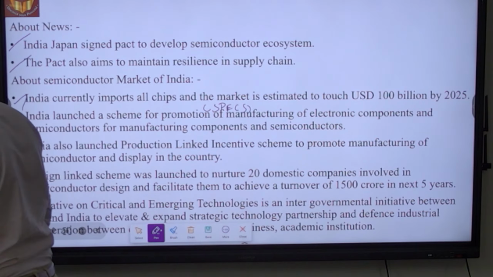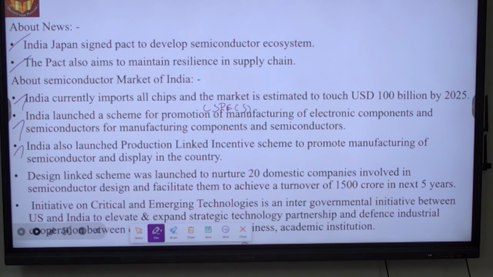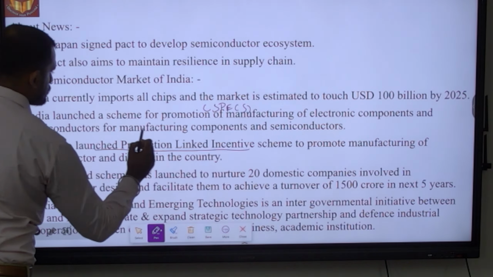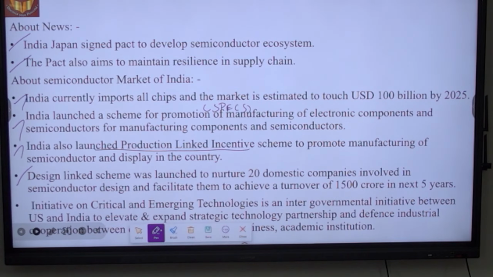And also India launched a production linked incentive scheme to promote manufacturing of semiconductors as well as displays in the country. A Design Linked scheme was launched to nurture 20 domestic companies involved in semiconductor design and facilitate them to achieve a turnover of 1,500 crores in the next 5 years.